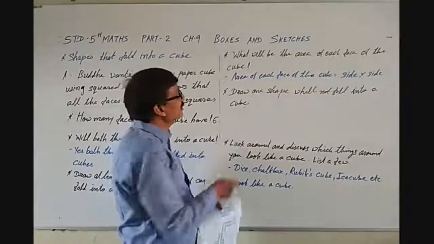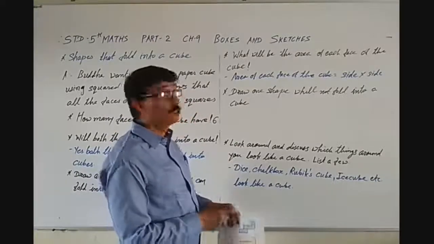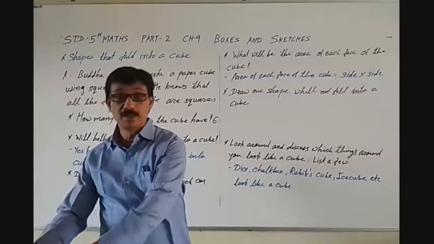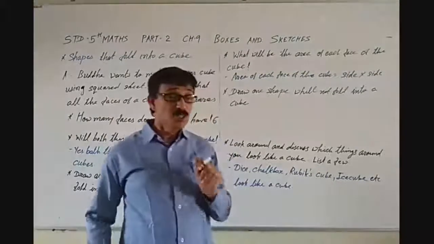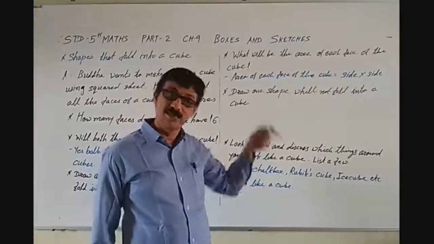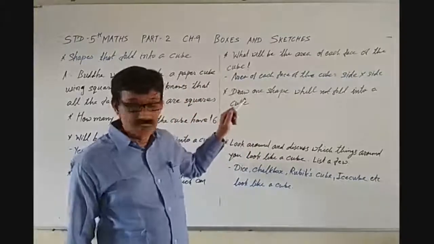What will be the area of each face of the cube? Now we know how to find out the area. We know the formula to find out the area. We discussed it earlier in the previous chapters, and that is why let's give the answer directly.